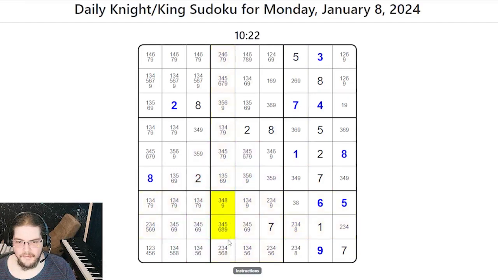So we have the 8 narrowed down to this column at the bottom, with the 8 somewhere in this column and this 8 on the right. The only spot we can have an 8 in the top block is in the center. And there we are. It's the only cell that can be an 8, so we'll go ahead and fill that in.